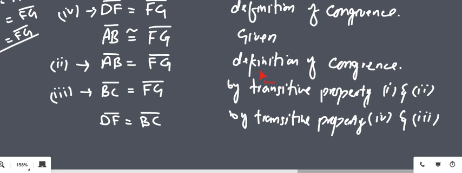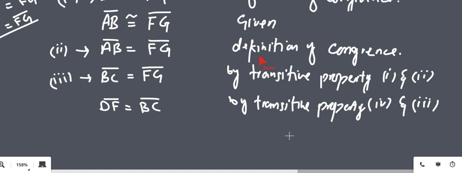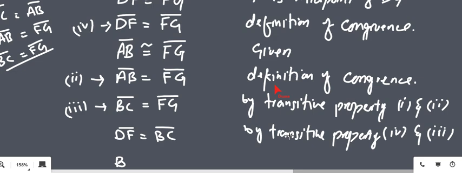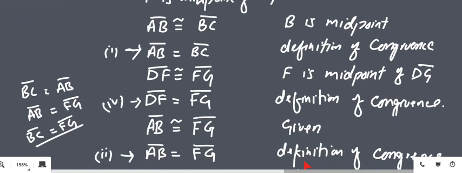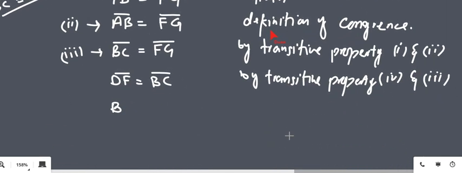If DF equals BC, that means their corresponding segments are congruent. Because we have to prove BC equals DF, I can write it as BC equals DF by using the reflexive property.